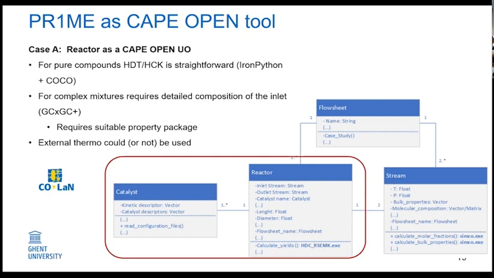The disadvantage is that complex mixtures require the detailed composition of the feed, and that requires GC plus analysis, which is normally not available. The molecular reconstruction feature would not be available. It requires a suitable property package because the number of compounds is in the order of some few hundreds. In this case, external thermo could or could not be used in the model because internal thermodynamic calculations are made.